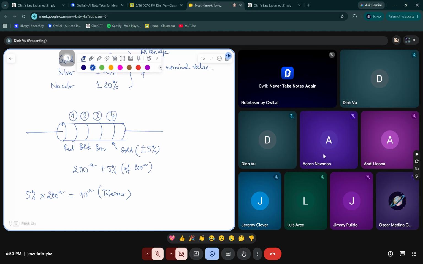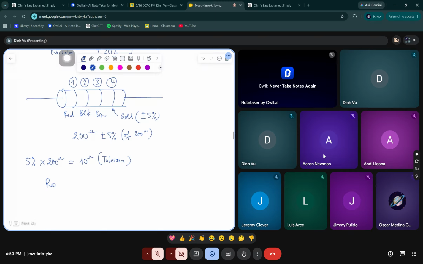So the fluctuation is plus or minus 10 ohms. It means that the range of the value is, instead of 200 ohms, it could be smaller by 10 ohms or greater by 10 ohms. So the range here will be from 190 ohms to 210 ohms.